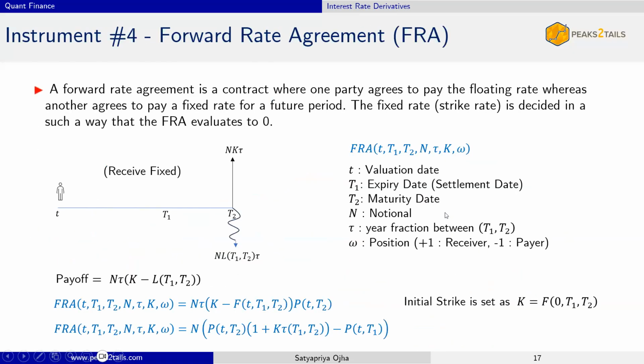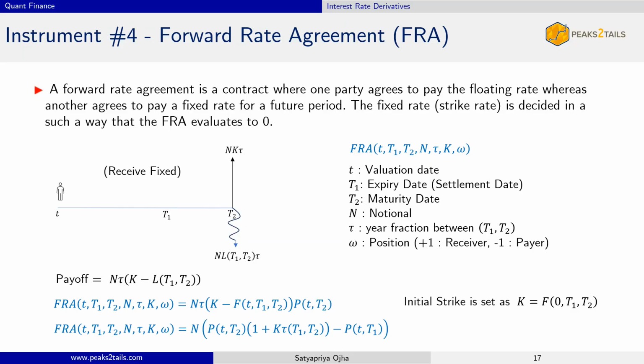Next instrument, forward rate agreement, which used to be very popular. I kind of feel like it's a little injustice in the sense that when you read books today, they don't talk about the recent changes that have happened with regards to SOFR and how the instruments have evolved, which are now benchmarking the new risk-free rate.